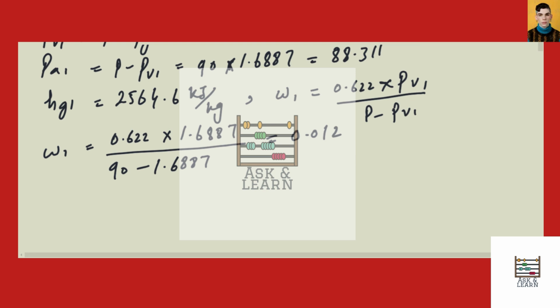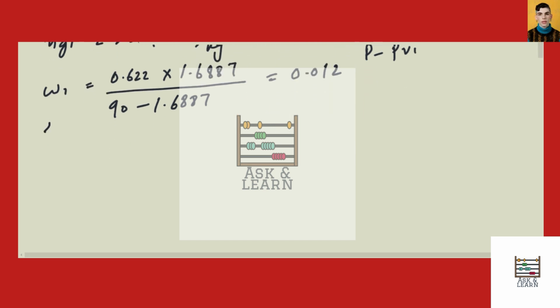So we know that H1 is equal to Cp into T1 plus W into Hg1.